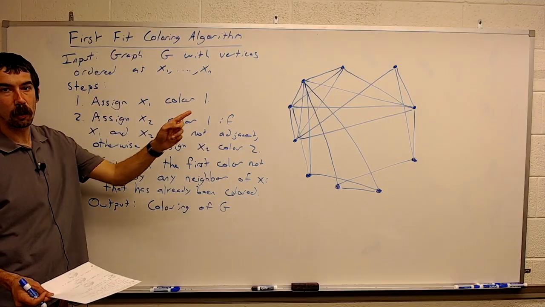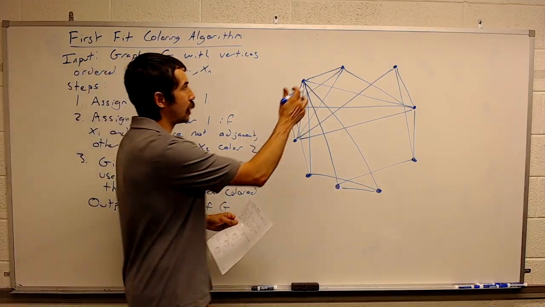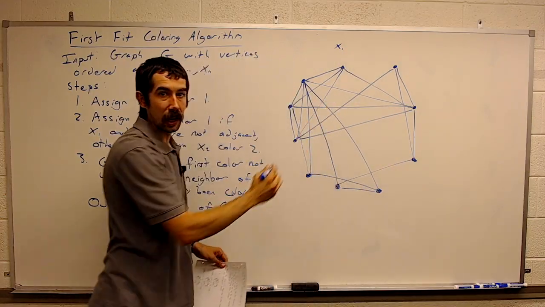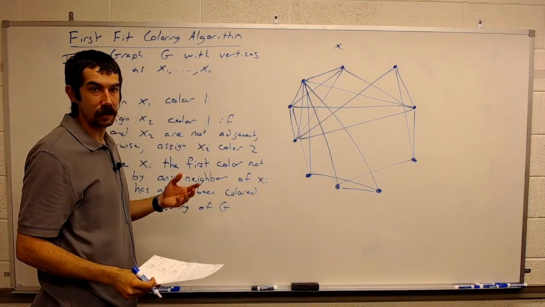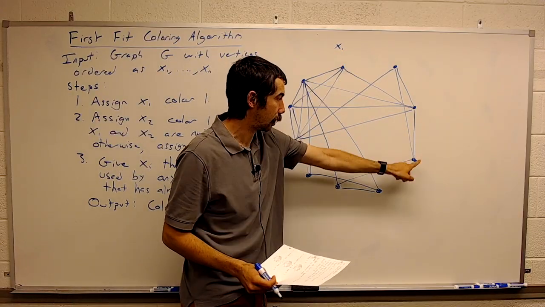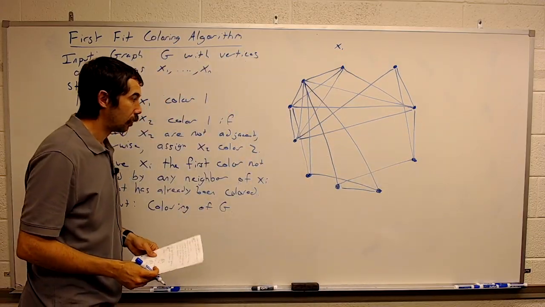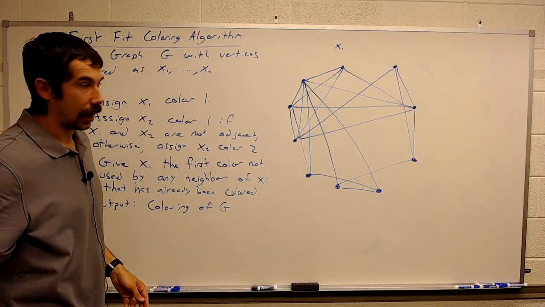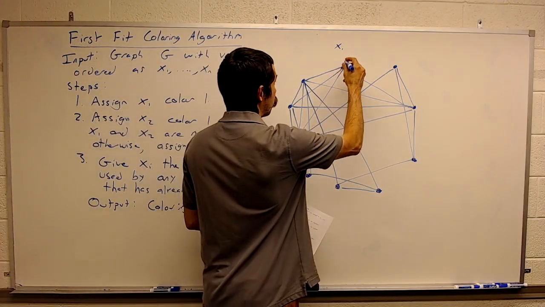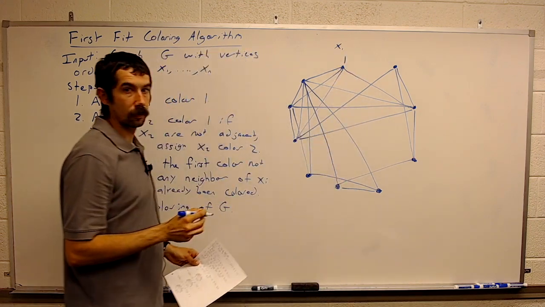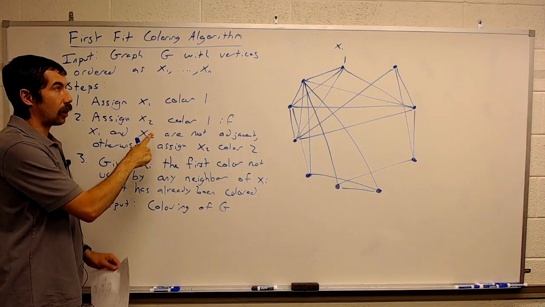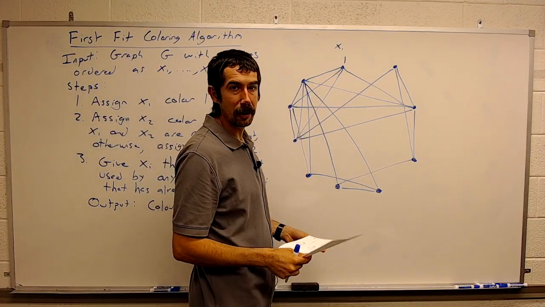Okay, so let's work through this algorithm. I'm going to let this be x1, and then we're going to go clockwise. So this will be x2, x3, x4, and so forth. First step, assign x1 the color 1. Next, are x2 and x1 neighbors?